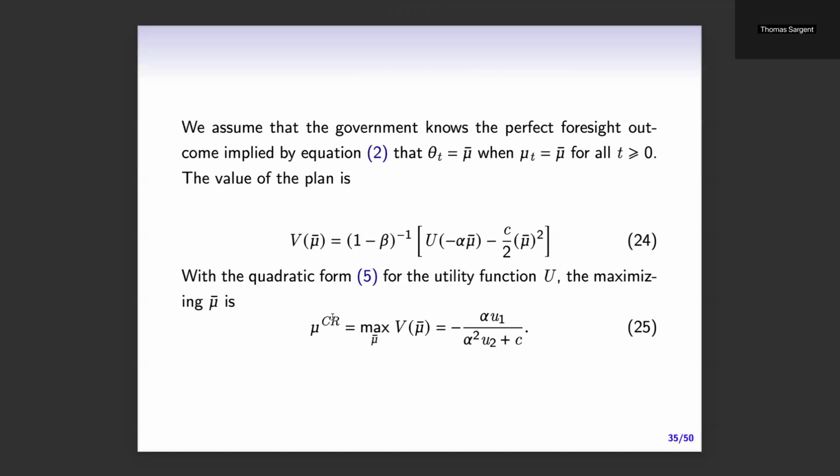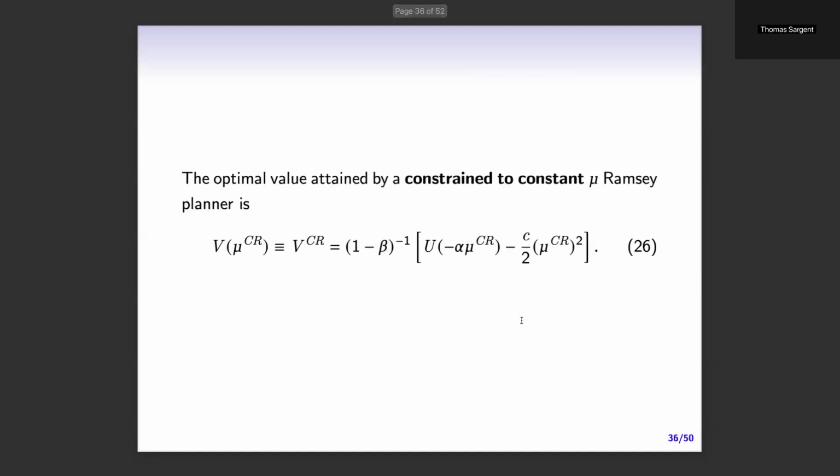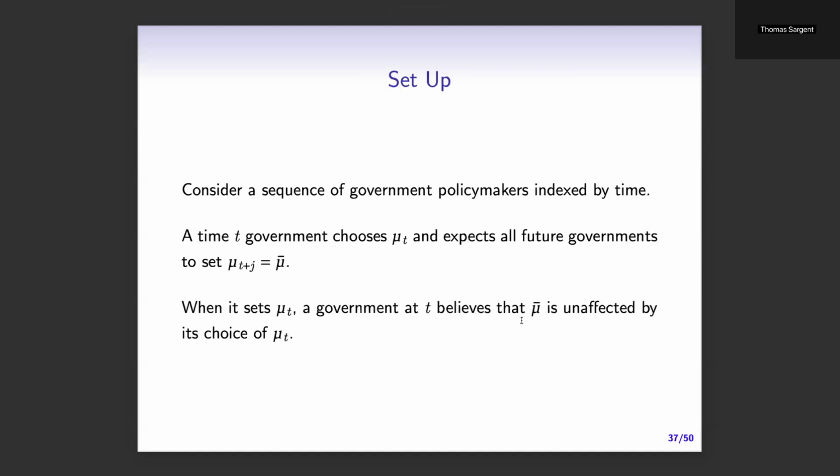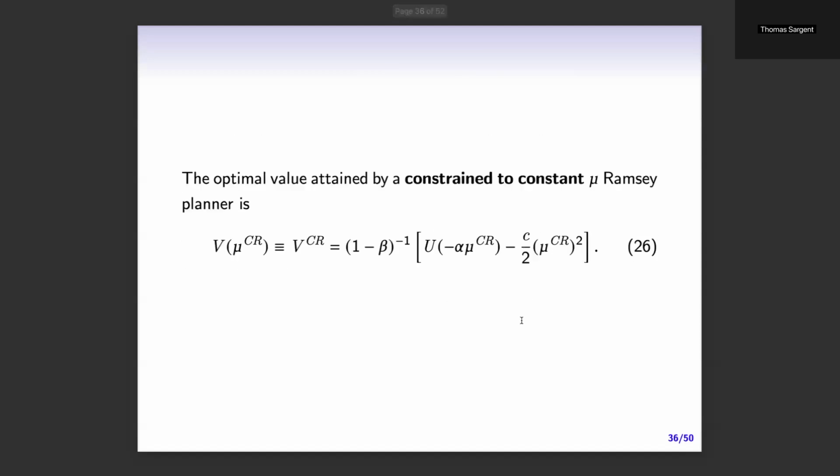So this is the constrained optimum, constrained to a constant Ramsey plan. So we can compute the value function quickly. And now what I'm just going to quickly do is show you. So there we got constant.